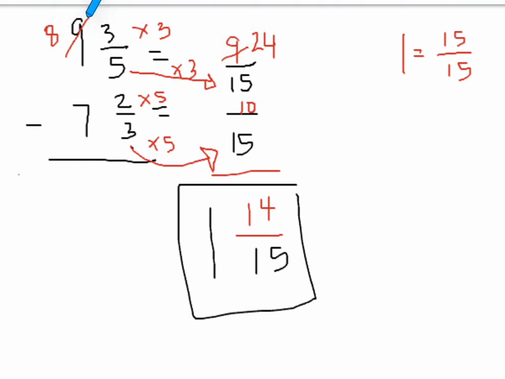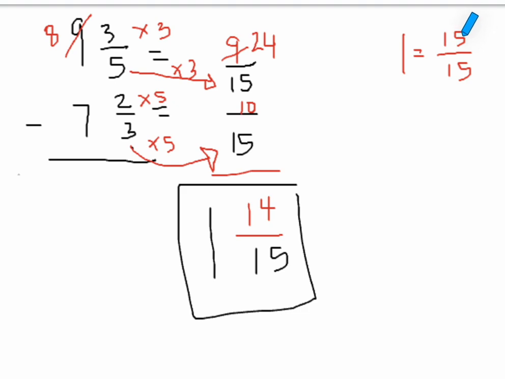This 9 will borrow from the whole number. And I borrowed 1 whole. But whoopsie, I can't put a whole on top of a fraction. I have to make this into fraction form. And we know from the last lesson that I cannot add anything to this unless it has a matching denominator, which is why I did 15 over 15, because it still stays 1.